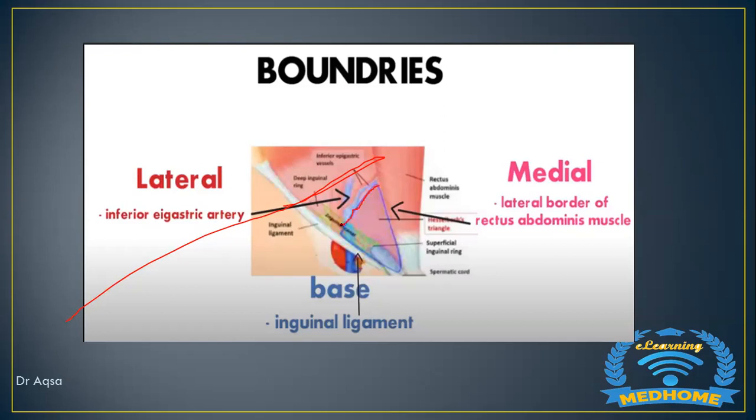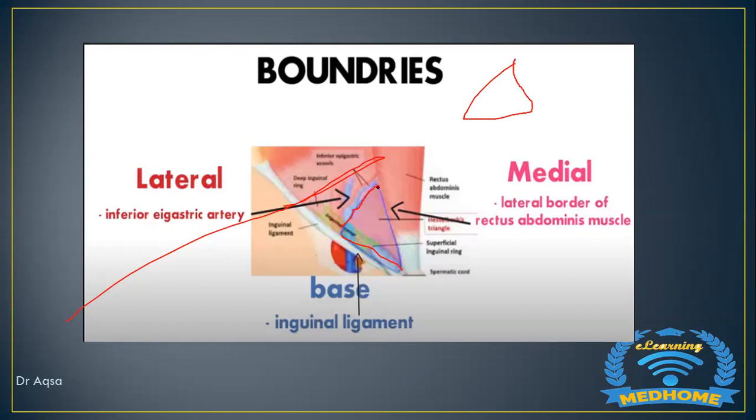The inguinal ligament forms the base of the triangle. In a triangle we have only 3 boundaries, not 4, because a triangle is always a 3-sided structure.